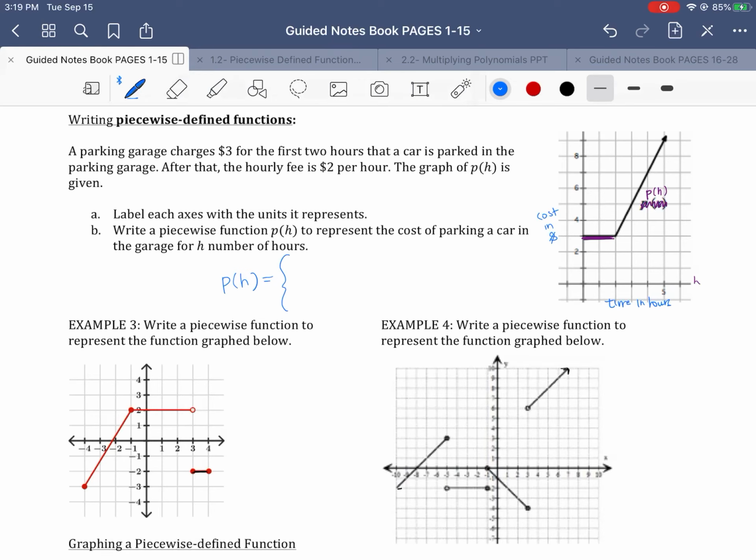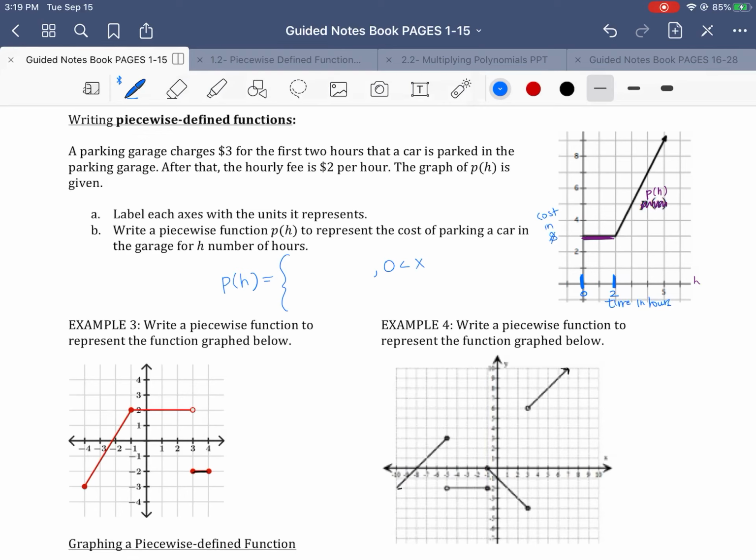So again, we start with the first piece. Now notice this first piece exists from when x is 0 till x is 2. This first piece only lies within 0, meaning, right, you barely enter the parking garage, so I'm not going to include 0.